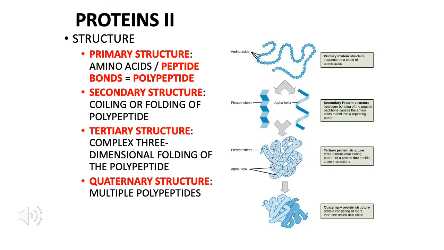If I put those multiple polypeptides together, what I get is a really, really big, really, really complicated three-dimensional construction, which is my full-blown functional protein. If you take a look at this illustration here, the implication is the protein at the bottom of the illustration is a composition of two polypeptides.